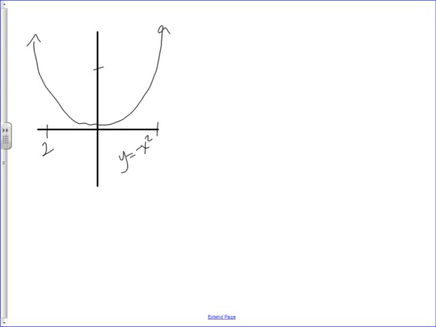Let's say this is -2, this is 2, so that would make this 4. If I looked at the graph and I said my y value is 4, what is my x value? Well, you have 4 over here, and you have 4 over here. So that would give you -2 and 2 as your answers. So therefore, this function has no inverse.